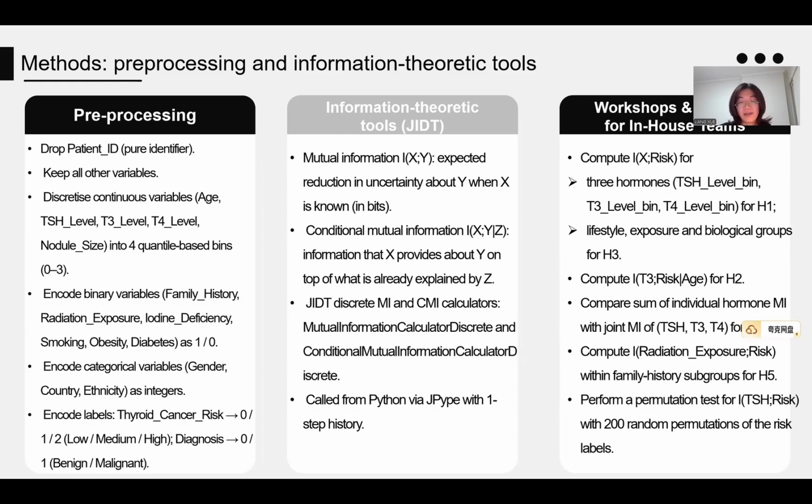I compute I of X and risk, and I of X and risk given Z, for each hypothesis. For H1, I run a permutation test with 200 shuffled risk label sets to check whether the observed MI could arise from the risk by chance.